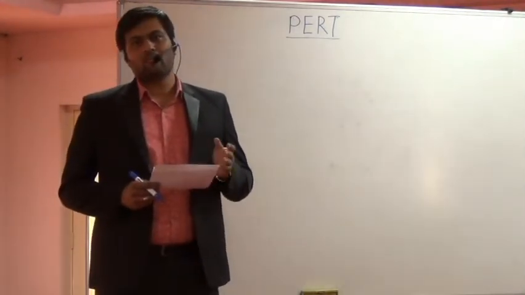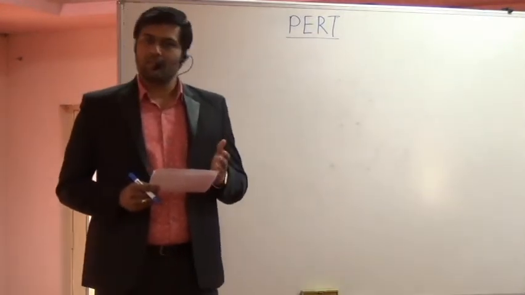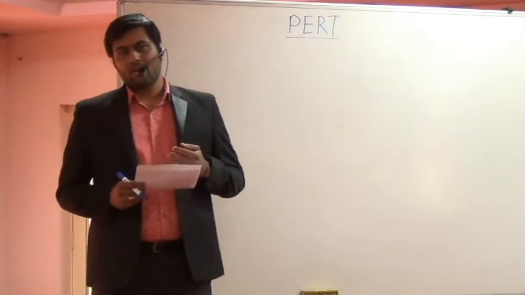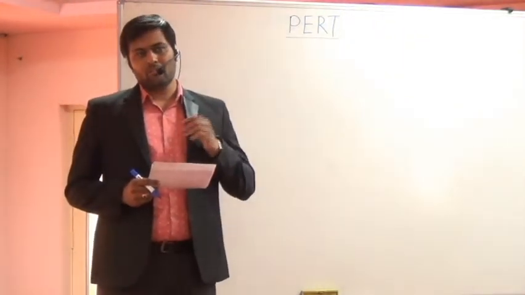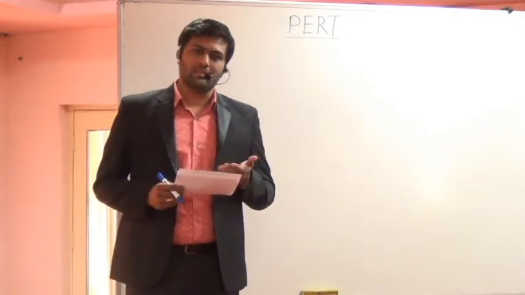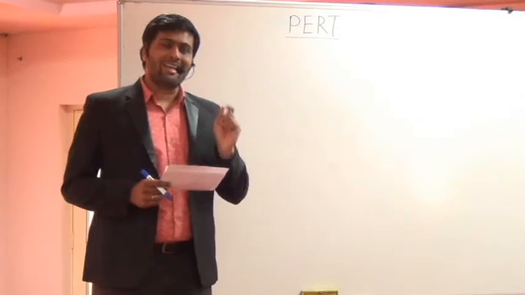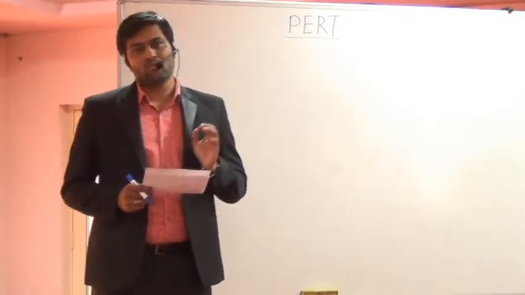Now, if we compare it with the other techniques available in the field of project scheduling, the most important networking techniques are CPM and PERT. CPM is Critical Path Method and PERT is Program Evaluation and Review Technique. If we look at the difference between these two methods, in the critical path method the time duration required for each activity, each job to be performed, is known to you.